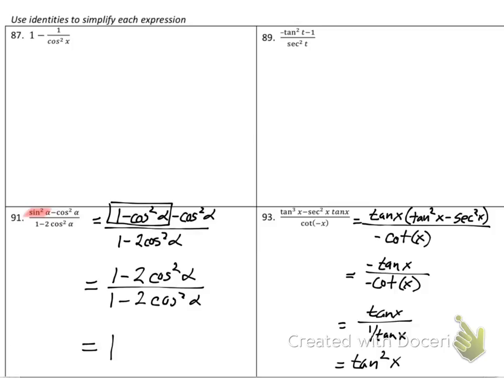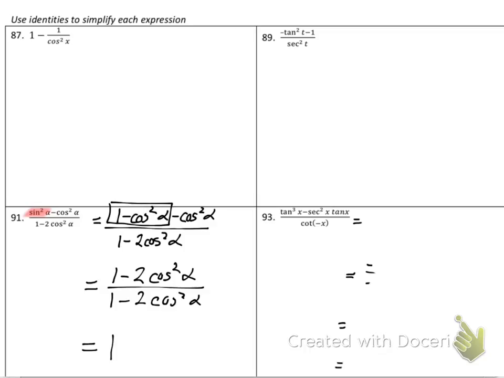There is a completely different way to do this one, and it is a very valid method that will work across a lot of problems. I have tangent, tangent, cotangent. I'm saying tangent a lot, and all of a sudden I say secant. This is the odd man out; this guy doesn't belong.